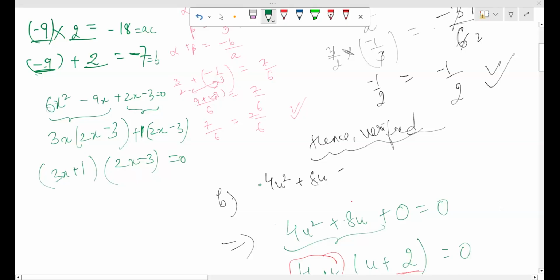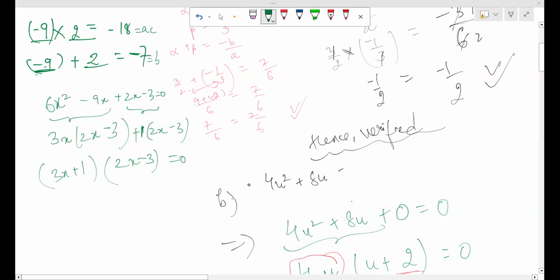So 3x plus 1 minus 0 becomes 3. रॉन्ग. 3x+1 is equal to 0.